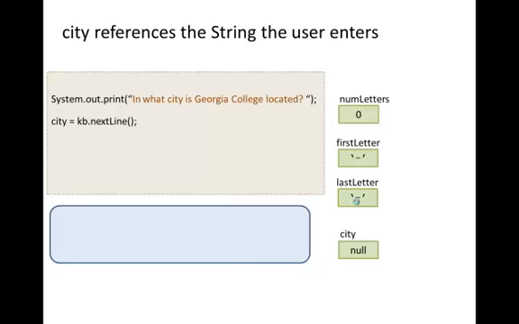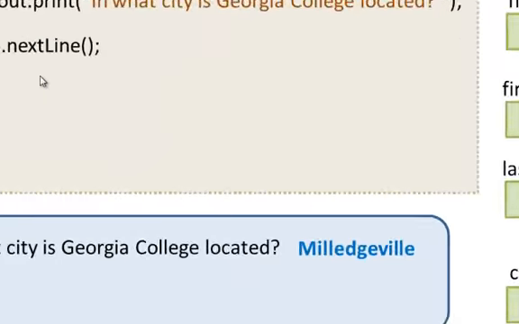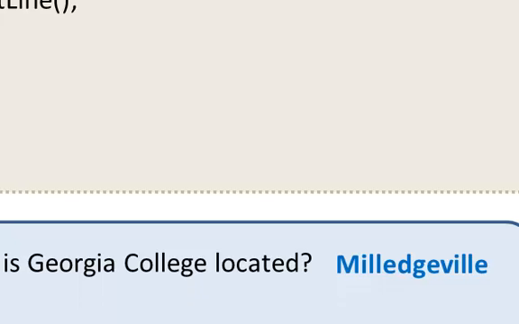So if we have "In what city is Georgia College located?" displayed on the screen, when the user types in Milledgeville, I'm going to read that in using the keyboard.nextLine method, and store the address of that string in city. So city stores the address of the memory cell that has Milledgeville.